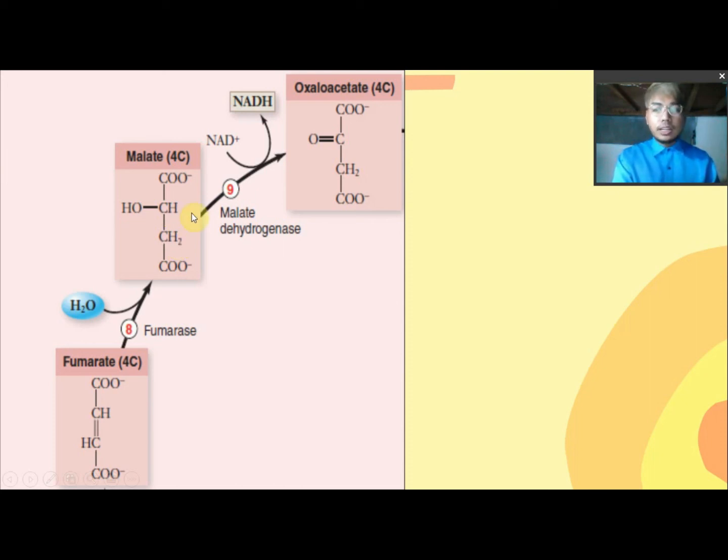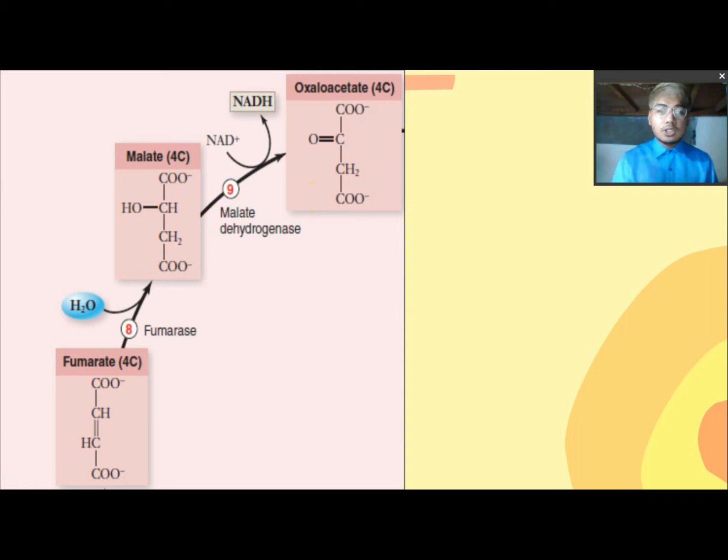Malate will lastly interact with malate dehydrogenase, in which it will be oxidized, and the oxidation will happen on carbon number 2. The hydrogen ion will be released from the malate, and it will simply be attached to NAD+ to create NADH, or nicotinamide adenine dinucleotide, which is charged. And it will create the starting 4-carbon molecule of the Krebs cycle, known as oxaloacetate.